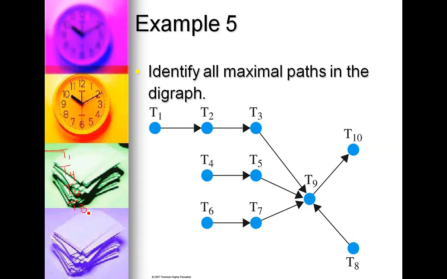The only sink we have is T10. So we have T1, T2, T3, T9, T10, or T4, T5, T9, T10, or T6, T7, T9, T10, or T8, T9, T10. But they all start at a source and end at our sink, which is T10.